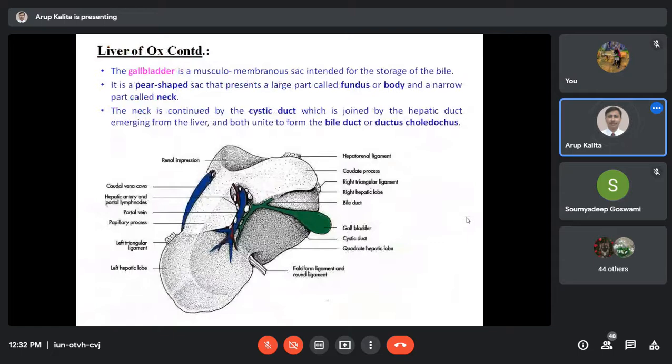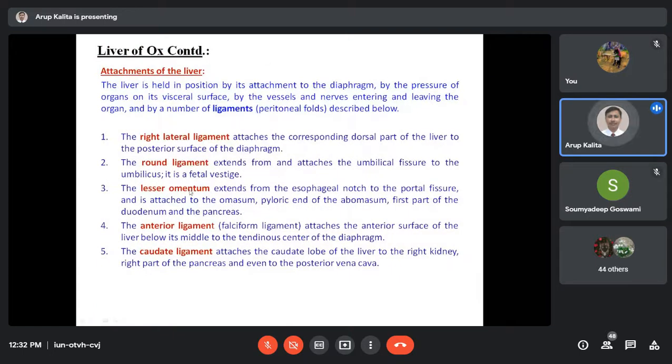Next, the lesser omentum. It extends from the esophageal notch to the portal fissure and is attached to the omasum, pyloric part of the abomasum, first part of the duodenum, and pancreas.